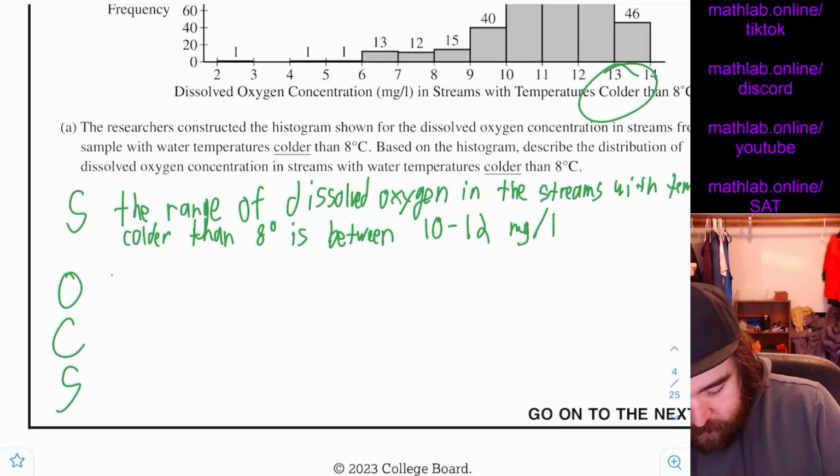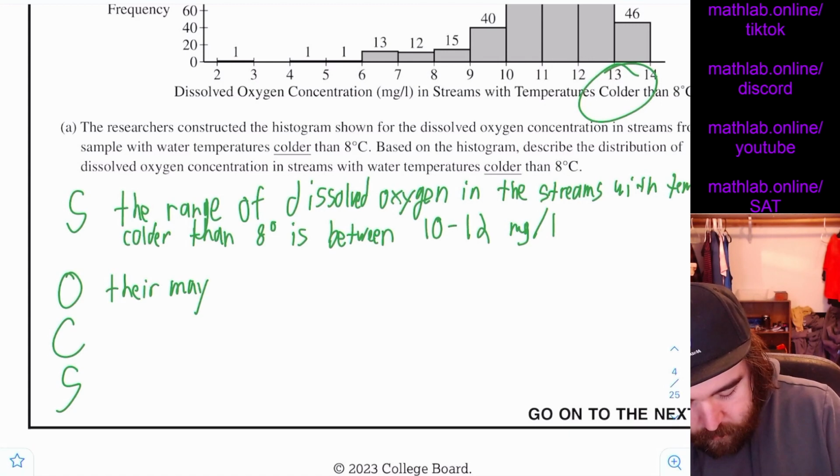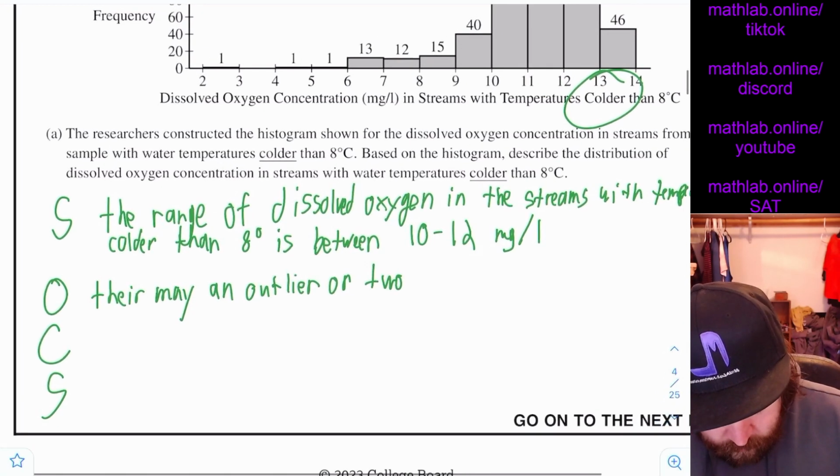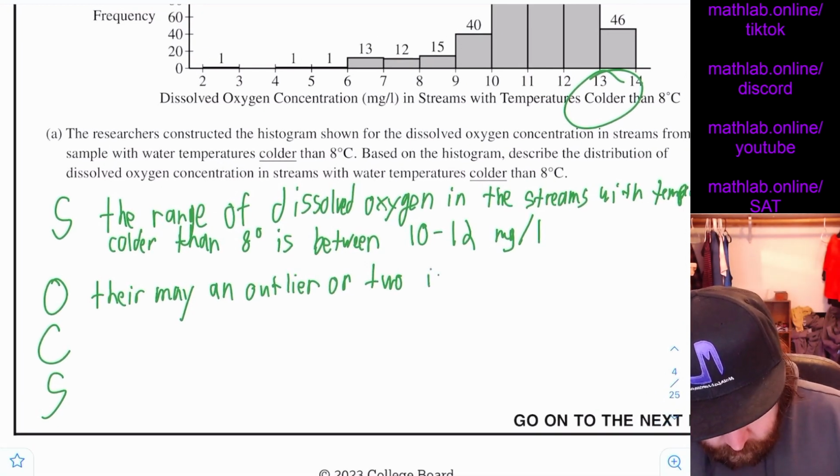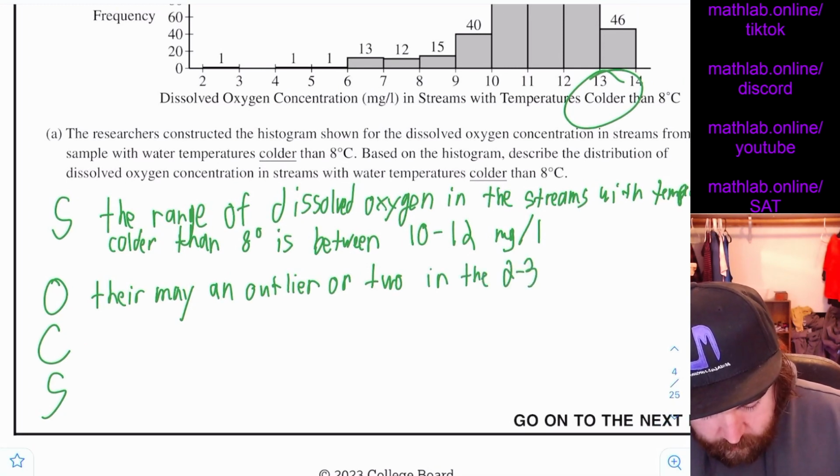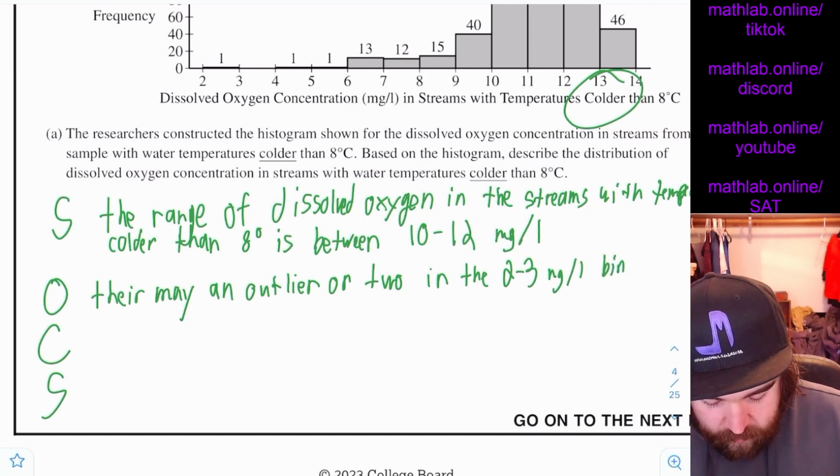Outliers. There may be outliers. There may be an outlier or two in the 2 to 3 milligrams per liter bin.